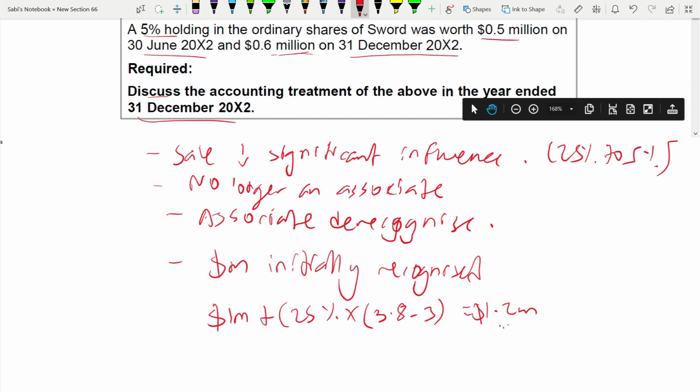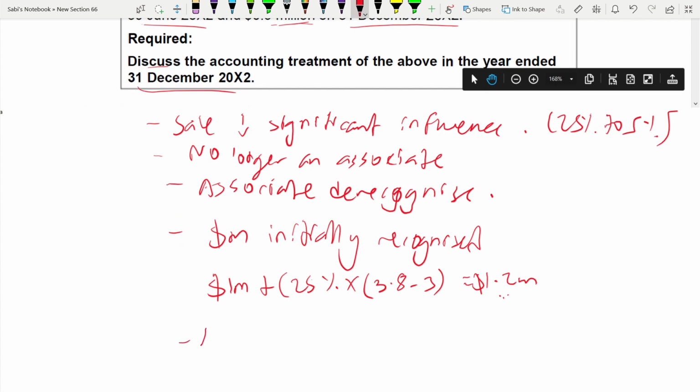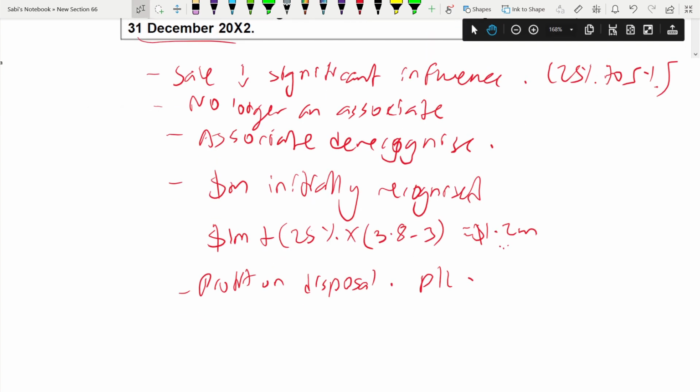Now you have to find the profit on disposal. You have to write this because you have to discuss as well as calculate. The profit on disposal has to be recorded where? In the profit and loss account. Please always write the place where you are recognizing it. Okay, so you start with disposal proceeds. You have sold it for how much? 2 million.